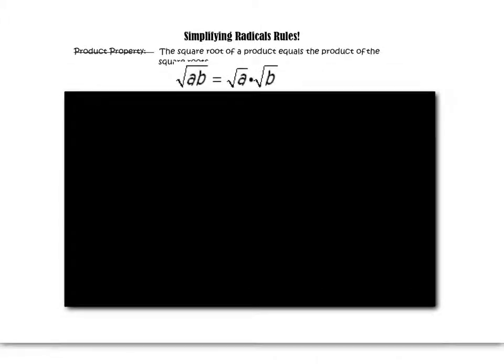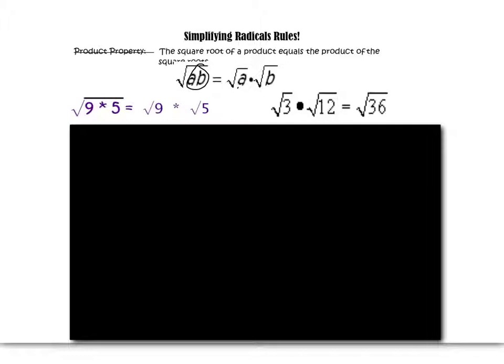Okay, and the first one is going to talk about what do you do with multiplication? The square root of a product equals the product of the square roots, which means that you are allowed to break up a square root of a product of two numbers into those individual numbers square rooted.